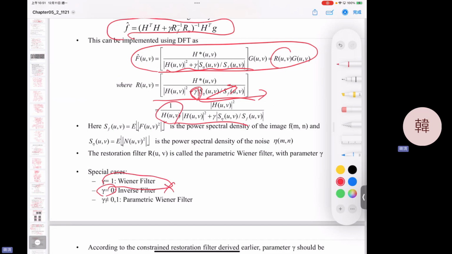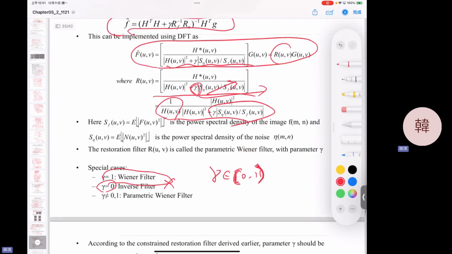And for gamma between 0 and 1, we call it the parametric Wiener filter. In this range, it's a parametric Wiener filter, because you take the noise to signal ratio as your Q transpose Q. So it's a Wiener filter design.